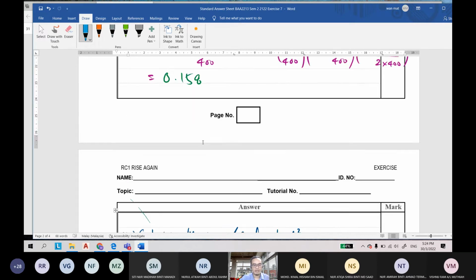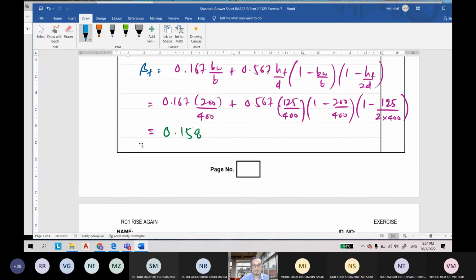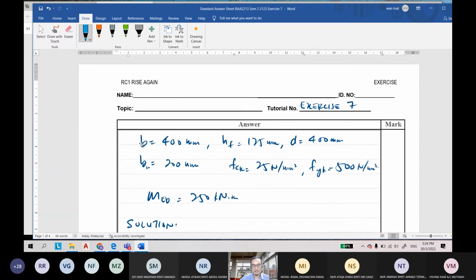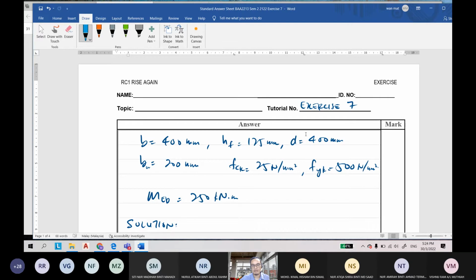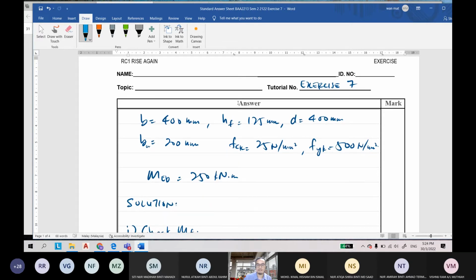What if, we still have class up to 5:50, so you can use these 20 minutes to repeat this exercise 7. Let's say this is exercise 7A, and do exercise 7B.